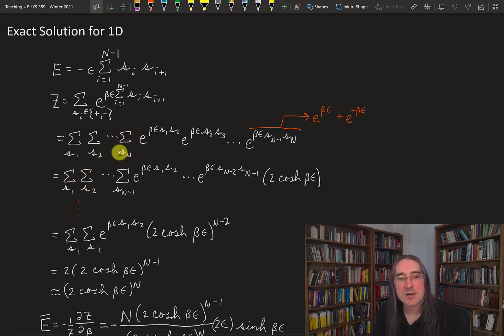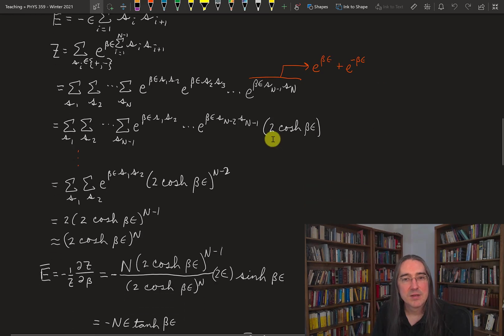So this sum has given us what we've already seen a couple of times in this lecture. This is 2 times cosh of beta epsilon. So we've got our 2 cosh beta epsilon, and we've gotten rid of the sum over Sn. Now we're just summing out to Sn minus 1. But hey, look what happened.